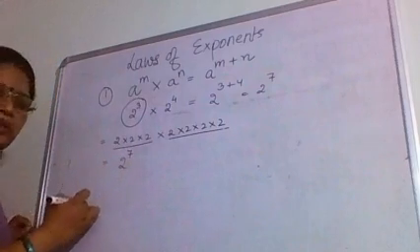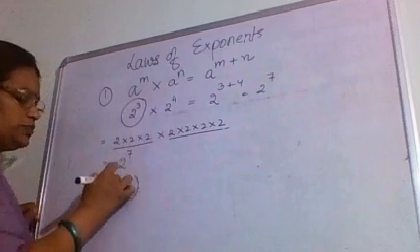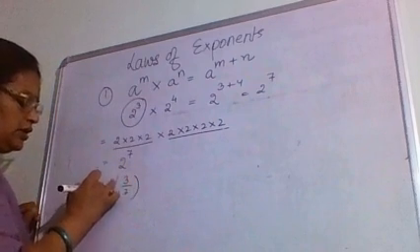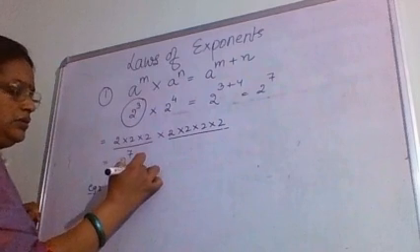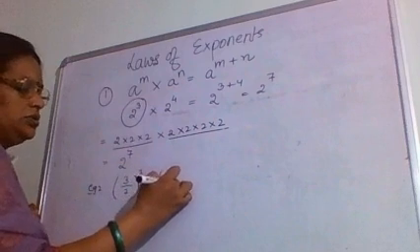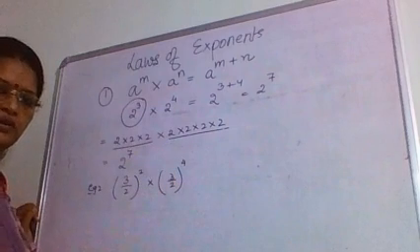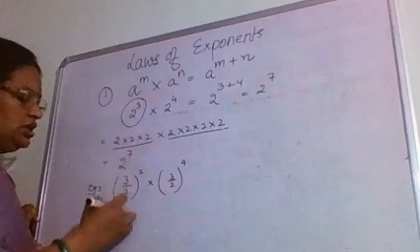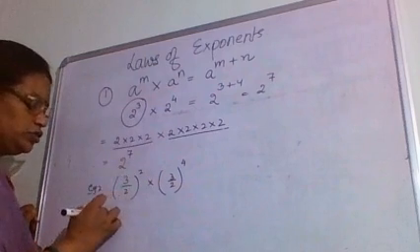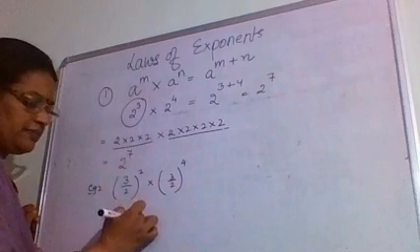Another example you can see: 3 by 2 raised to power 2, 3 by 2 raised to power 4. So here 3 by 2 raised to power 2 means 3 by 2 is multiplied twice.